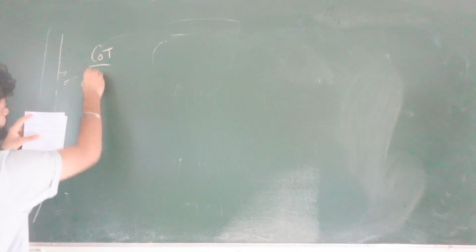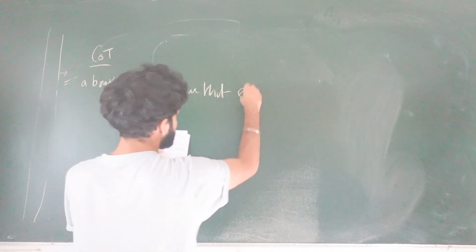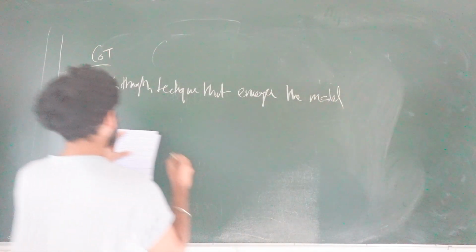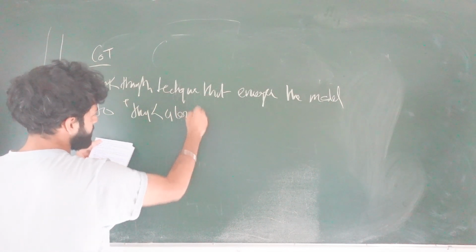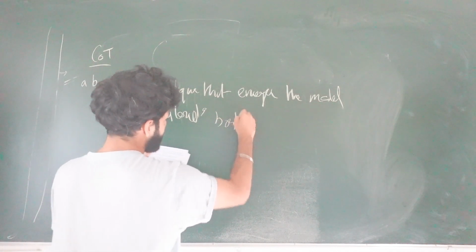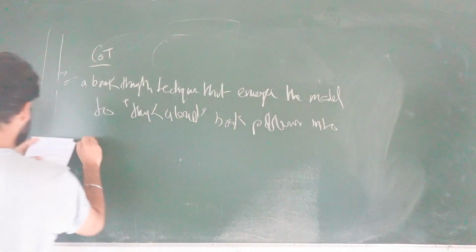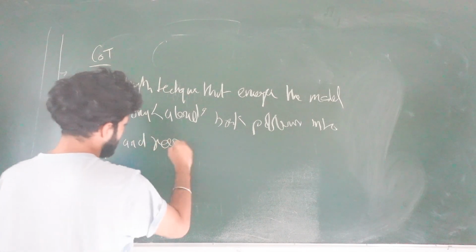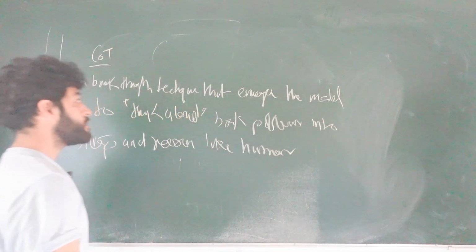Chain of thought is a breakthrough technique that encourages the model to think aloud, break problems into steps, and reason like humans. As we discussed, this is the formal definition of chain of thought.